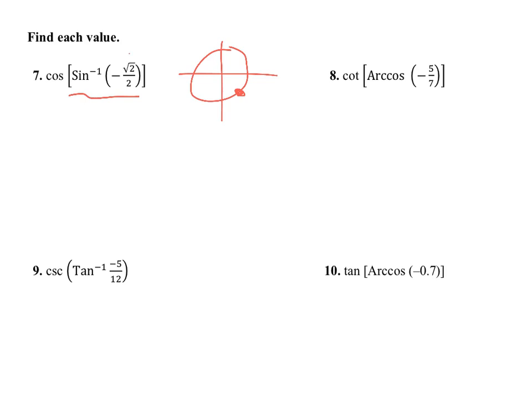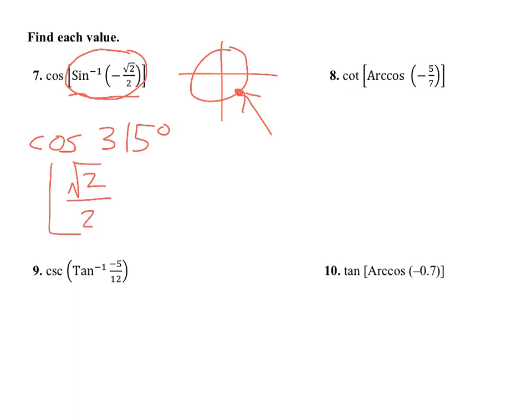And so this is telling us that angle. So the part I circled, that equals 315 degrees. Now they want us to find the cosine at that spot. The cosine at that spot is positive rad 2 over 2. So that's our answer.